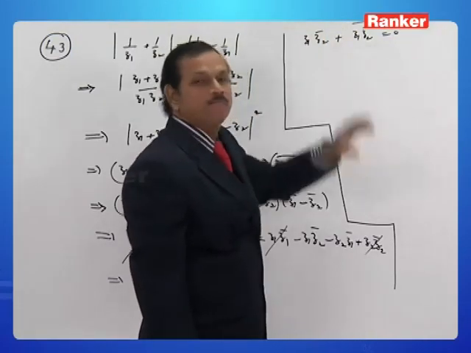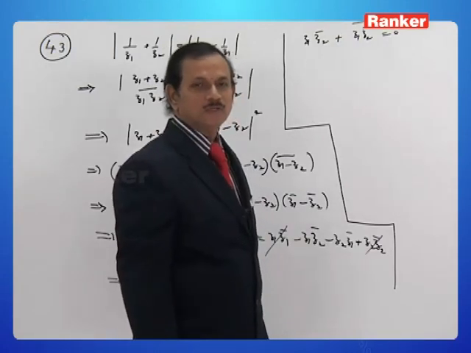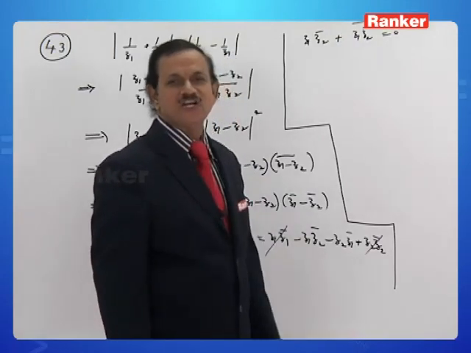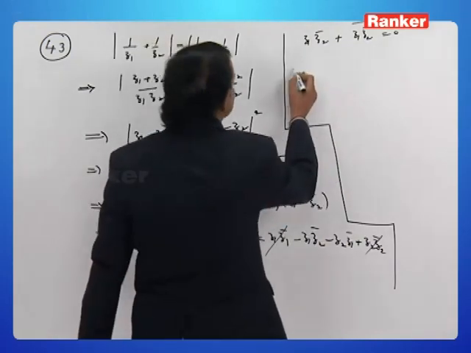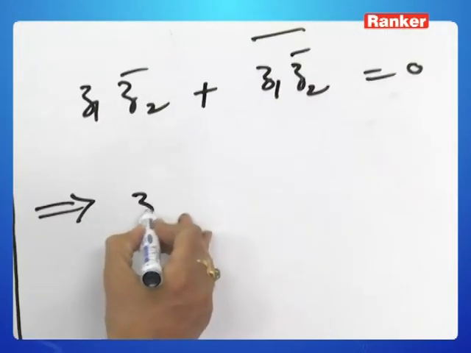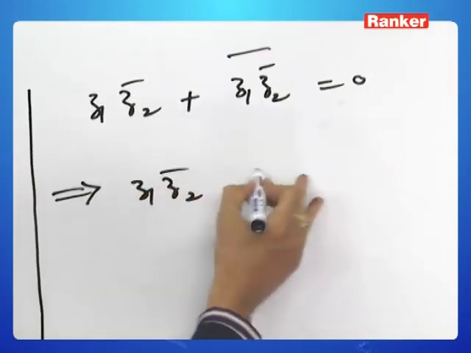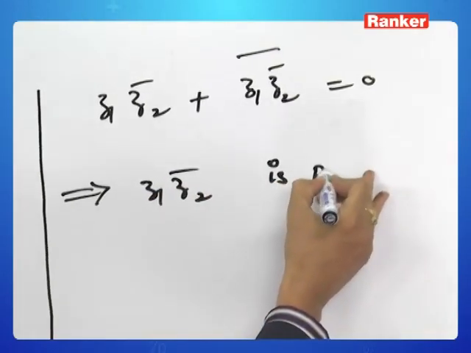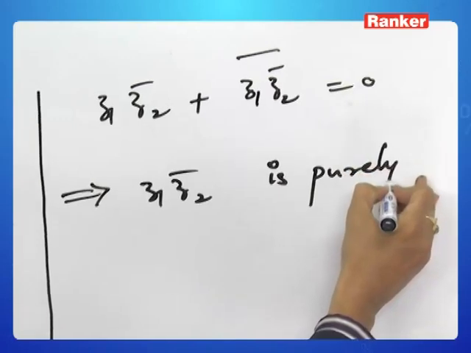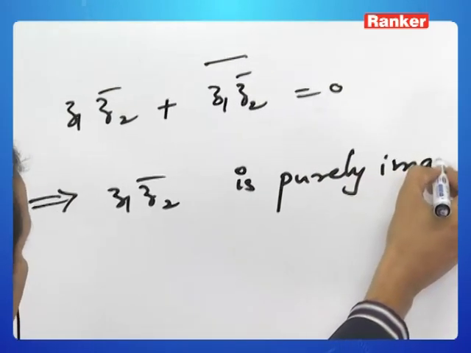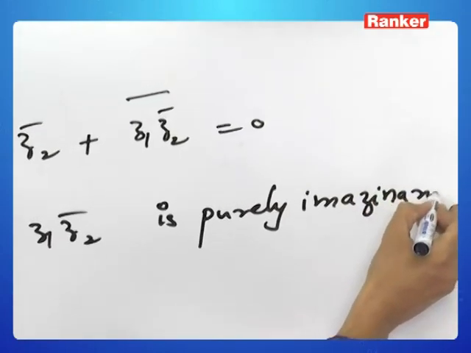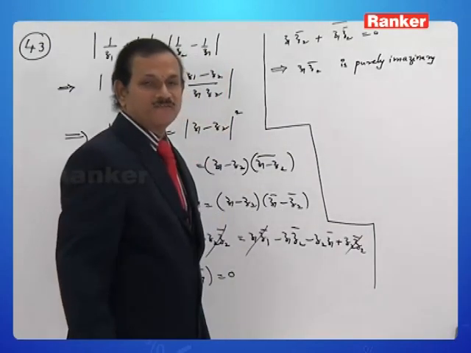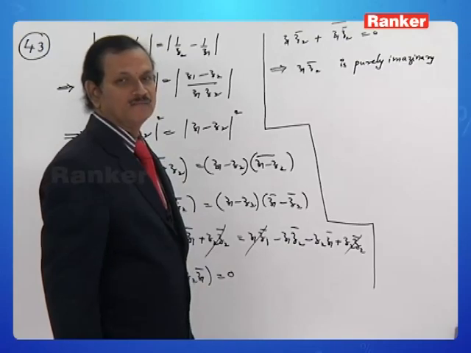Z plus Z bar is equal to 0. And it does imply that Z is purely imaginary, isn't it? Implies Z1 Z2 bar is purely imaginary.